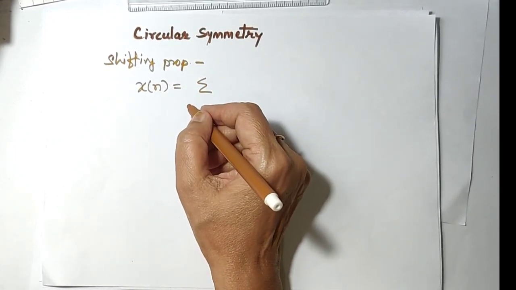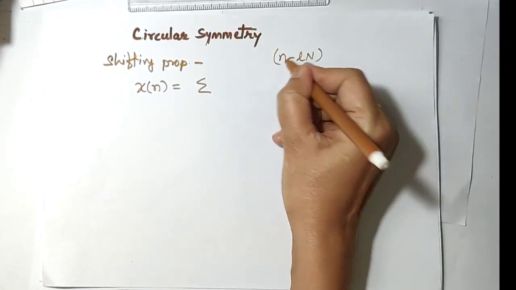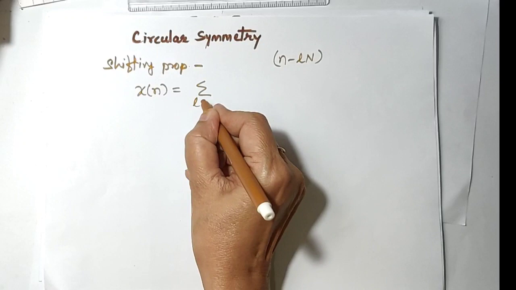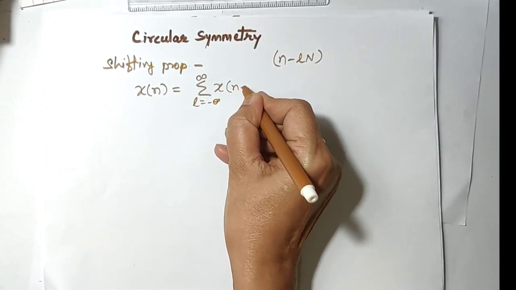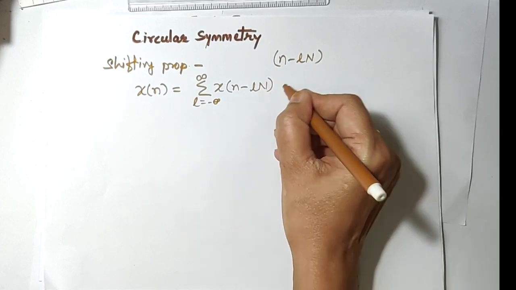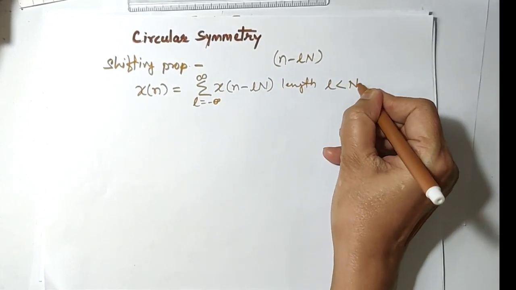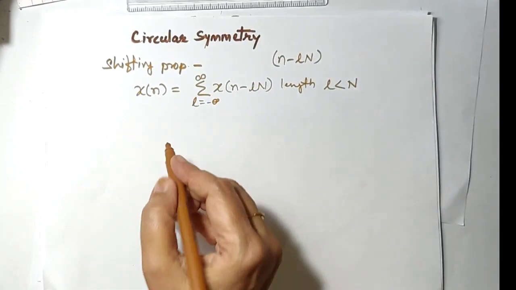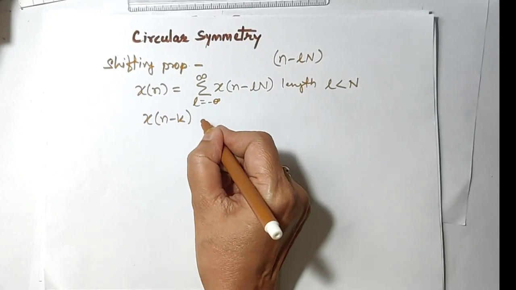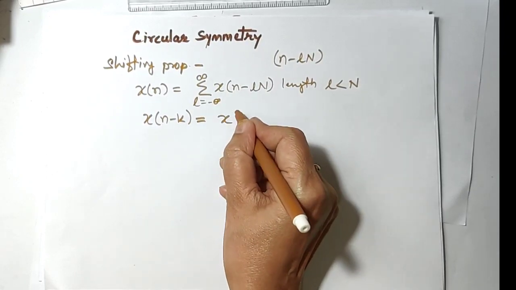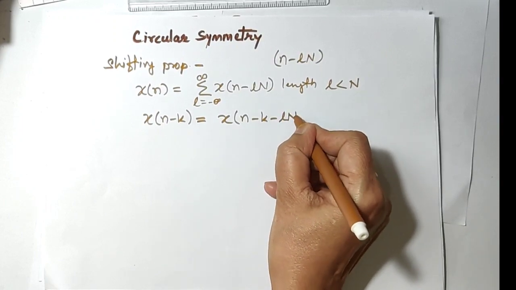Suppose we are shifting x[n - lN], taking l from minus infinity to infinity, for the length L which is less than capital N. Then this x[n - k] shifting will be x[n - k - lN].